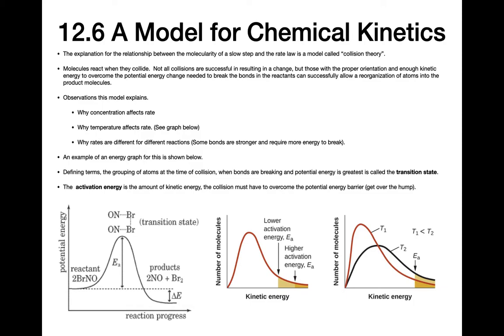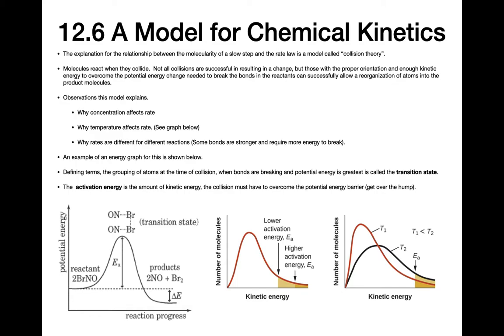So generally it can just be modeled as two molecules collide, or maybe more than two, but whatever. The molecules collide with the proper orientation, and then their bonds break and new bonds form. But to get the energy to break the bond, you have to have kinetic energy in the collision.